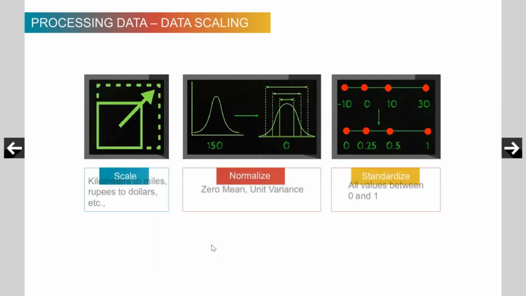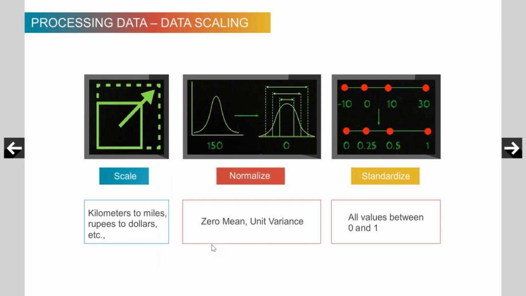Now what do you mean by data scaling? See, you have a very big table. In one column all values have only single digits. In another column, most of the values have 5 digits. In one more column, all values have 7 digits. Now in such cases, you should do data scaling.